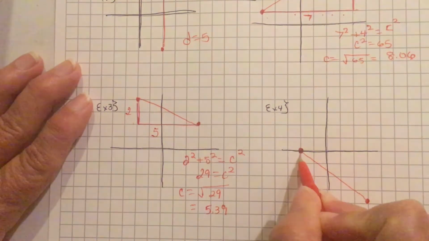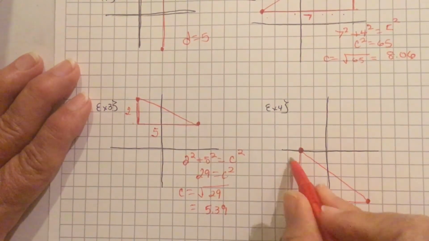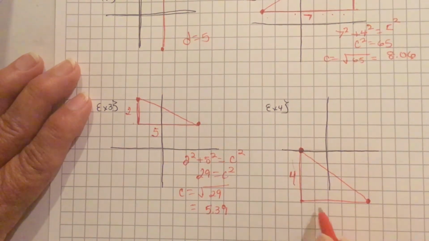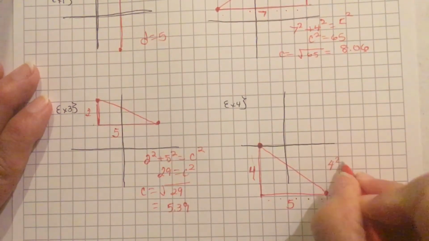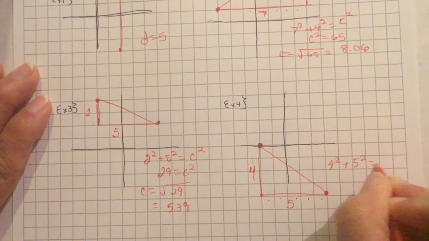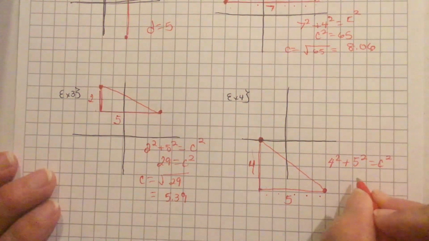Okay, hopefully you drew your triangle and measured the legs. 4 and 1, 2, 3, 4, 5. A squared plus b squared equals c squared. That is 41.